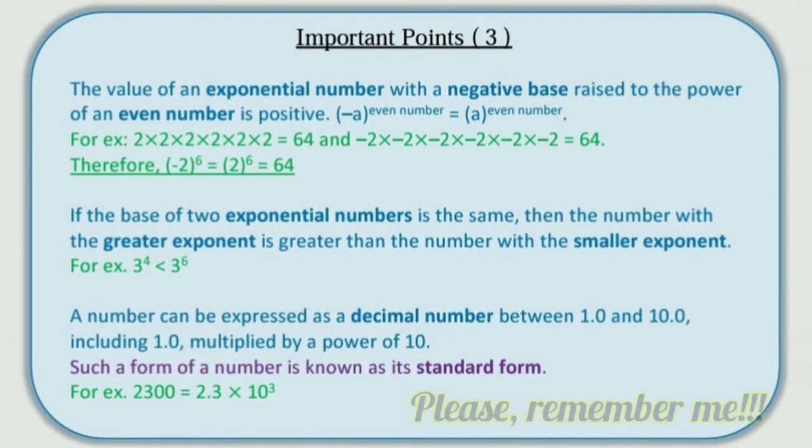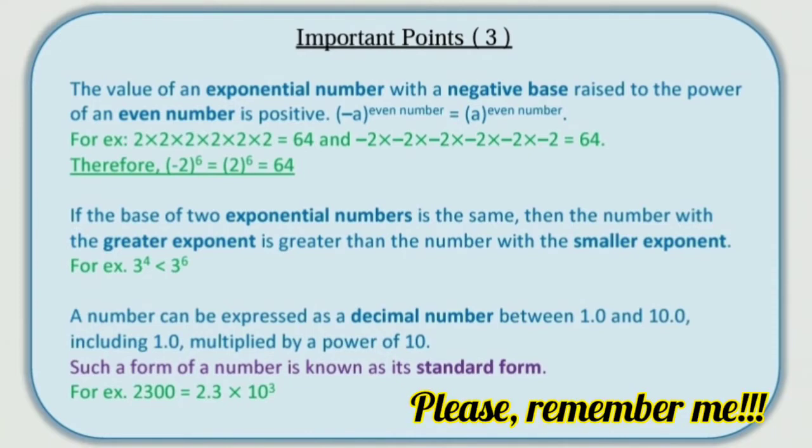For example, 2 into 2 into 2 into 2 into 2 into 2 is equal to 64, and minus 2 into minus 2 into minus 2 into minus 2 into minus 2 into minus 2 is equal to 64. Therefore, minus 2 raised to 6 is equal to 2 raised to 6, is equal to 64.